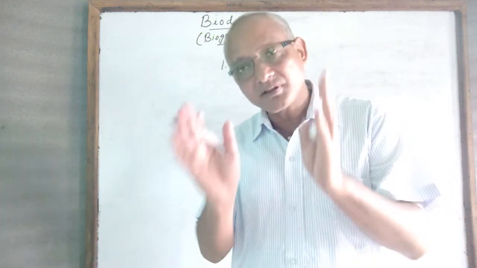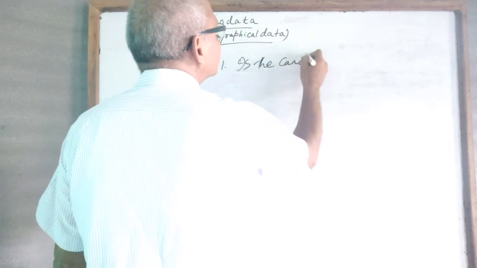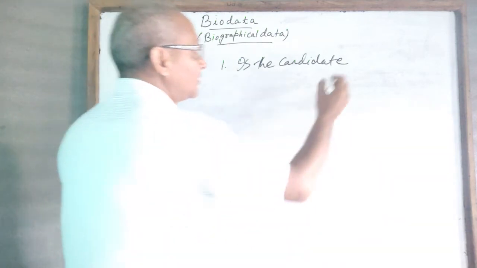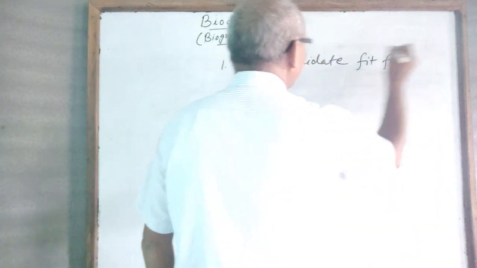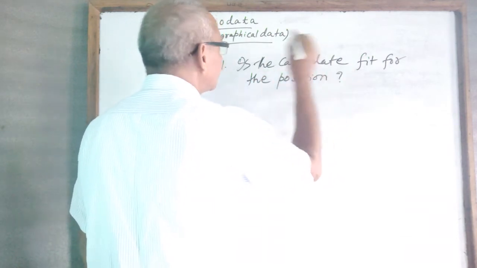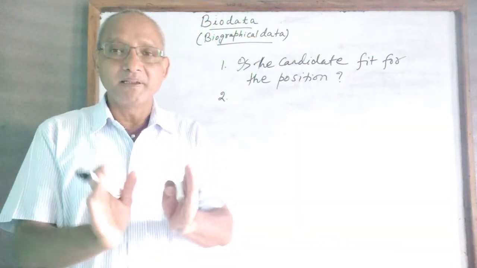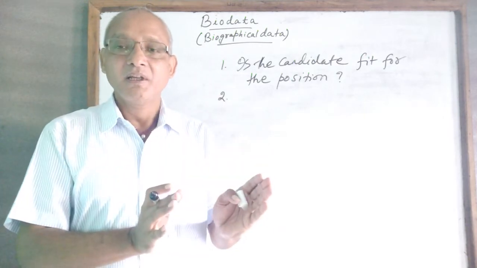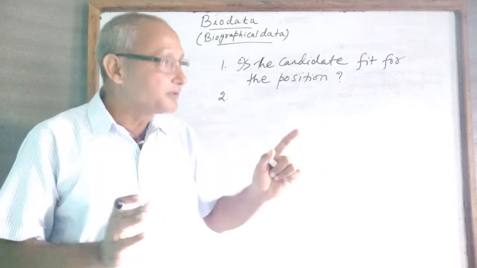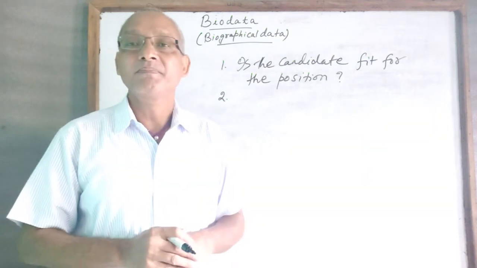Because you have applied for a certain position, the question comes, is the candidate who has applied in my office fit for the position? That will be marked by the person who goes through your biodata. So your biodata should be concise, to the point, and marked very well with this question. How are you going to present yourself so that you are fit for the position?